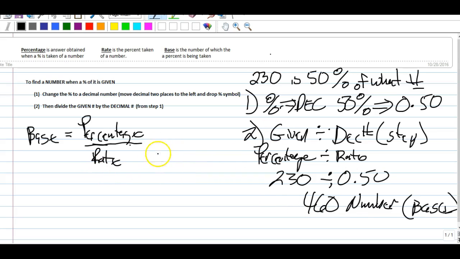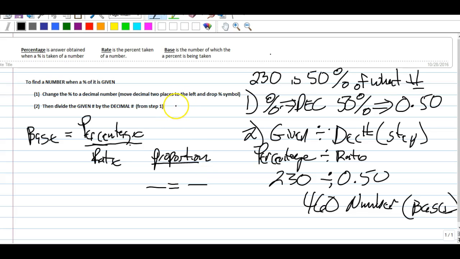Now remember, I said that you could also solve any of these percent problems using a proportion. A proportion is the equality of two ratios, and a ratio is a fraction. So I've got to come up with two fractions if I'm going to solve it by a proportion. Which method you use depends entirely upon you. The advantage of using the rules is that, if you remember them, they're straightforward.